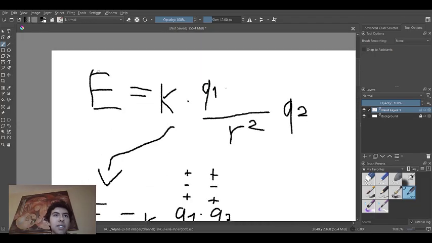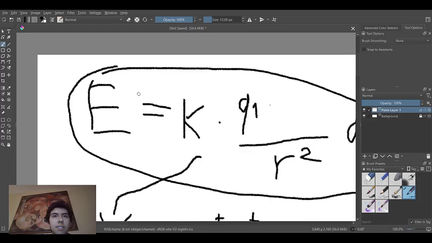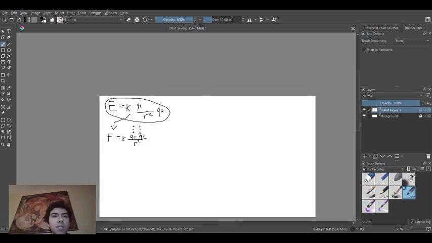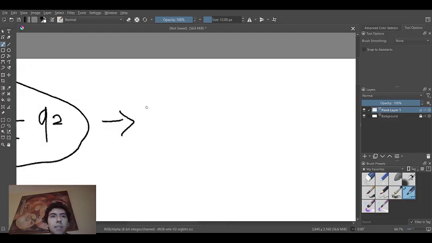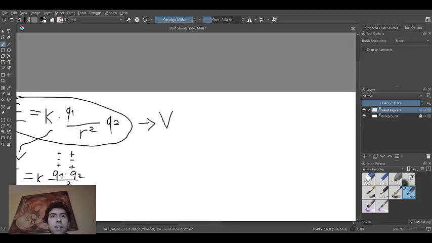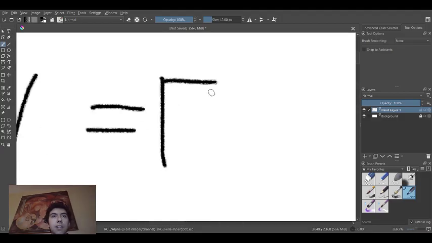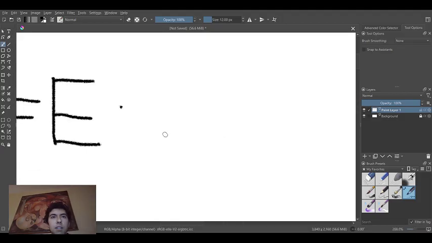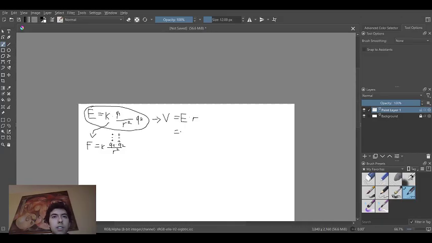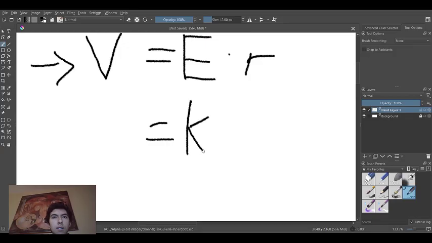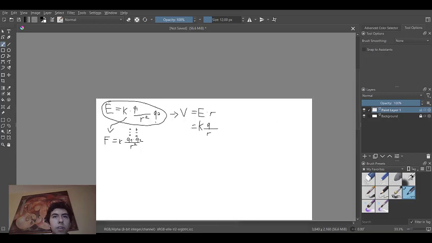From this, actually, this is the beginning equation for all of electrostatics in some ways, because from this we can get something called the electric potential, which is denoted V, and it is measured in volts, which is the electric field times the distance r, which is equal to KQ over R, instead of KQ over R squared.